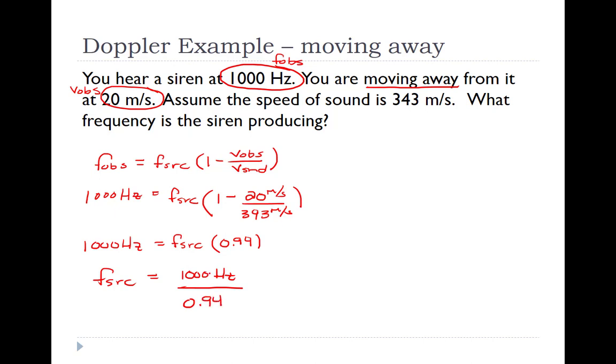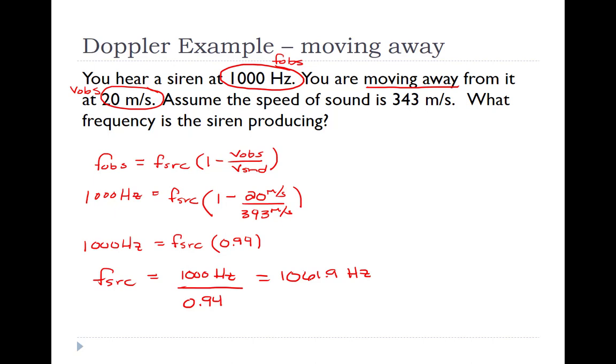If I take 1,000 and divide by that answer, that results in a frequency of 1,061.9 hertz. And that would be the frequency that the source is producing. Because it's moving away from me, the frequency that I hear is redshifted to a slightly lower frequency.